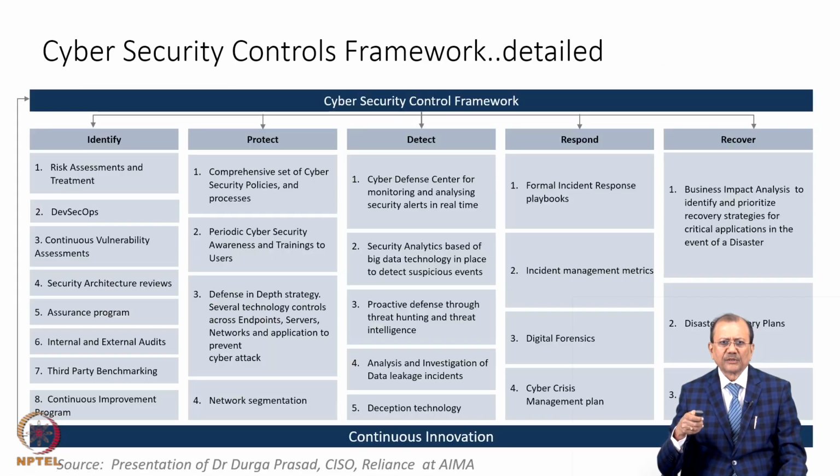In this slide, I have shown a detailed action plan of how you should identify, what action you should take for the identification, what action you should take for protection, what action you should take for detection, then responding, and then recover. So in the case of identification, the company should have a risk assessment plan. They should set up an assessment framework, at what level risk has to be assessed.